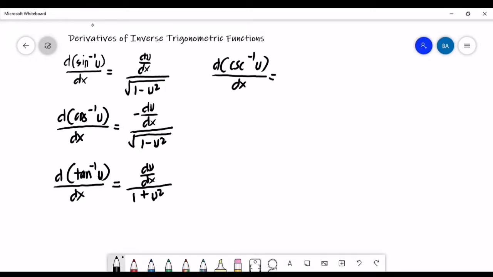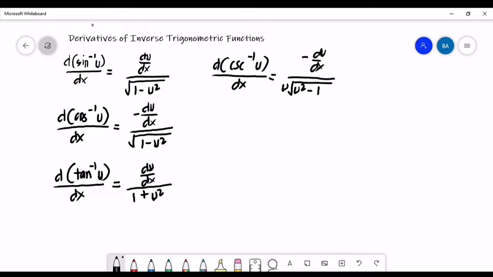This is equal to negative du/dx over u times the square root of u squared minus 1.